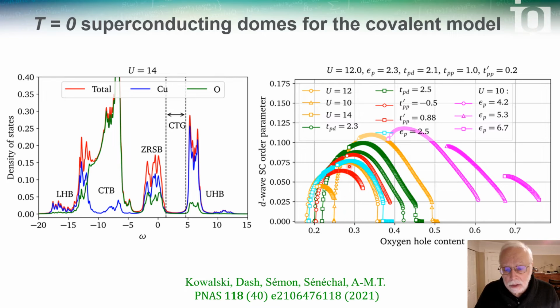Clearly, the superconducting order parameter is generally larger for larger oxygen hole content, except here at the large oxygen hole content, but what happens in this region is that the charge transfer gap is closing.